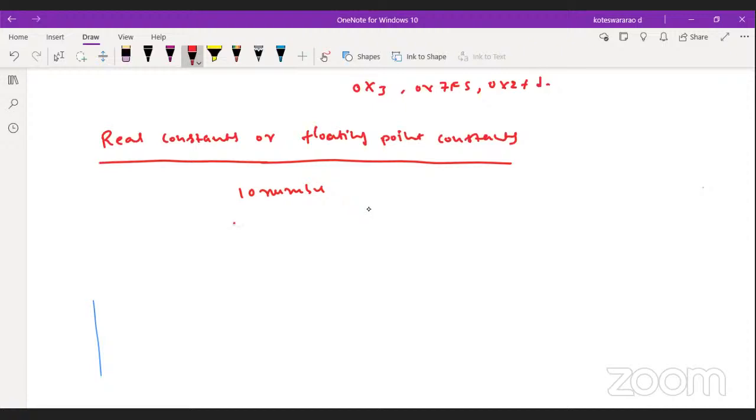For example, 0.0054, or 0.0096, or 98653, or plus 28721. All these are real values or float values.